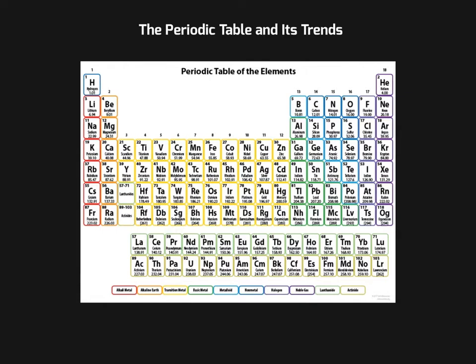And we kind of established this. We said that as we go down the periodic table, as we go down groups, valence electrons stay the same. But as we go across, valence electrons actually increase. Now, I want us to be sure that when we say that valence electrons increase, that we're aware of something.